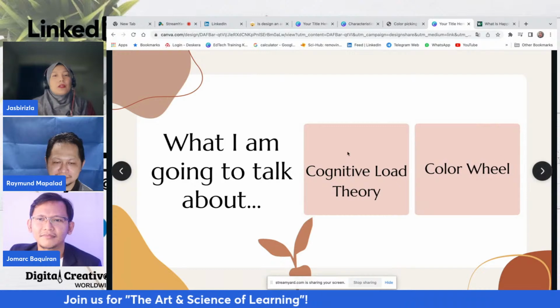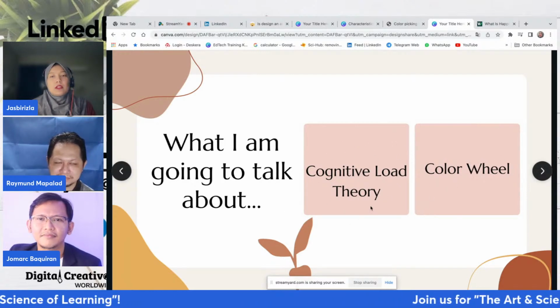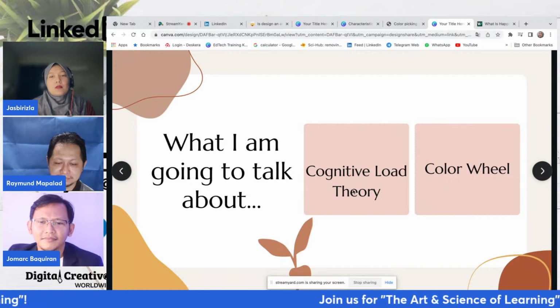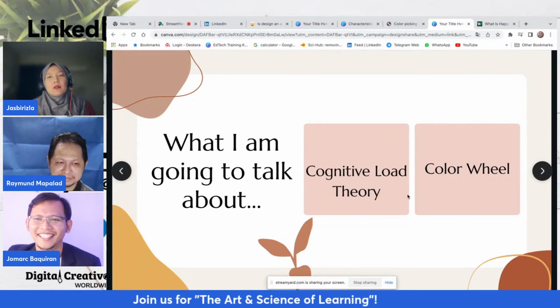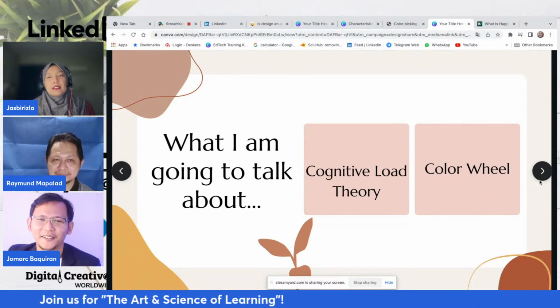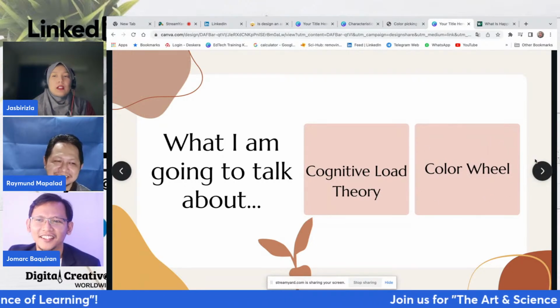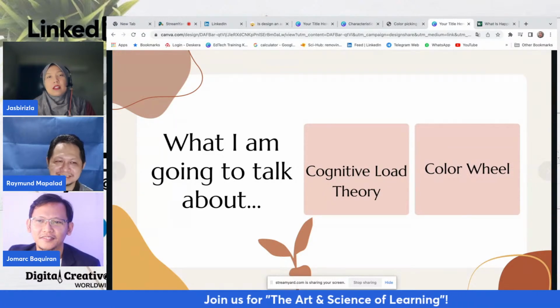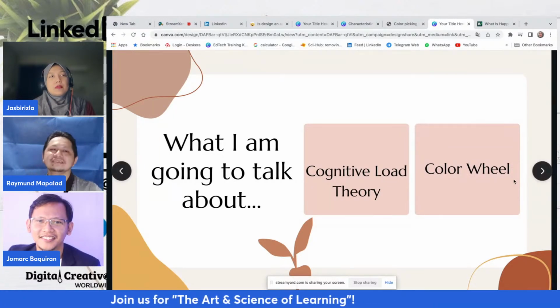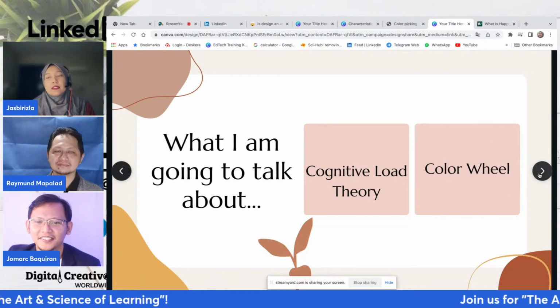There will be two things that I'm going to talk about: the cognitive load theory, and don't be scared of the word theory because it's going to be very light, and also the color wheel. If you are a graphic designer, you must be very familiar with what the color wheel is, right?